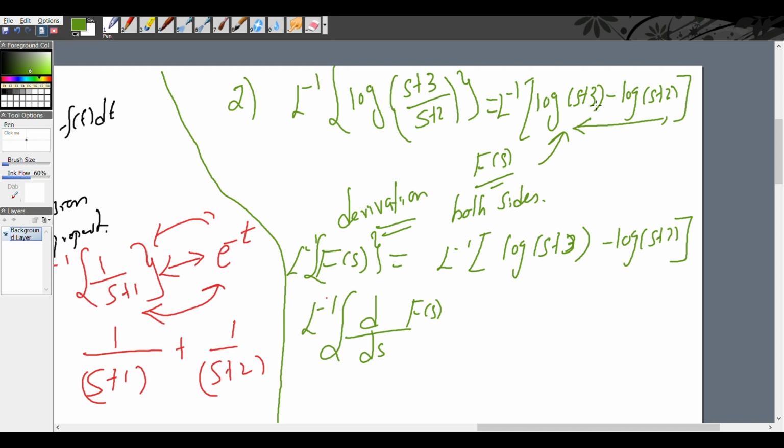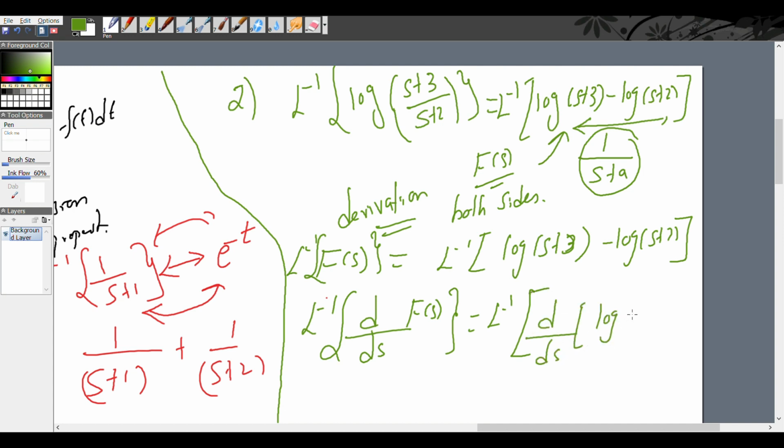Look, log of (s plus a), അത് നമ്മൾ ഒരു പ്രാവശ്യം ഡെറിവേറ്റ് ചെയ്താൽ എന്ത് വരും? 1 by (s plus a) വരും. അപ്പോൾ ഇതിനെ നമ്മൾ L inverse ഈസി ആയിട്ട് കണ്ടുപിടിക്കും. അതുകൊണ്ടാണ് നമ്മൾ ഡിഫറൻഷിയേഷൻ രണ്ട് സൈഡിലും എടുക്കുന്നത്. അപ്പോൾ ലെറ്റ്സ് ട്രൈ ടു ഡു ദാറ്റ്. L inverse of d by ds of log (s plus 3) minus log (s plus 2).